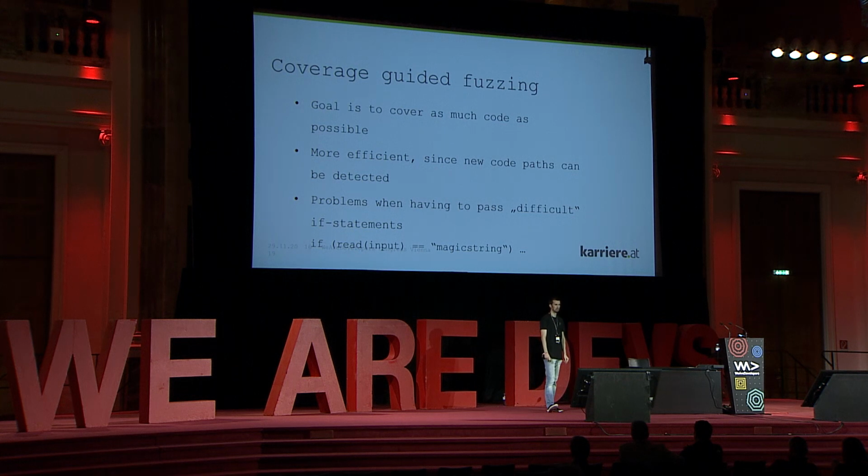Coverage-guided fuzzing is more efficient since new code paths can be more easily detected, and then you can go to these code paths and test new inputs. The only problem is when you have to pass a difficult if statement, for example.